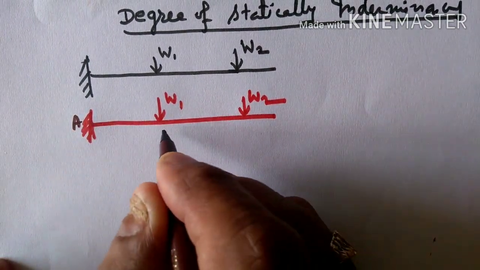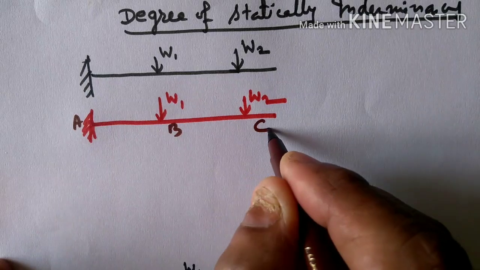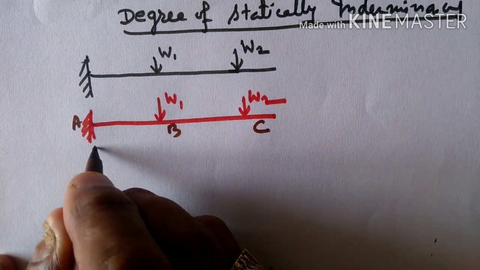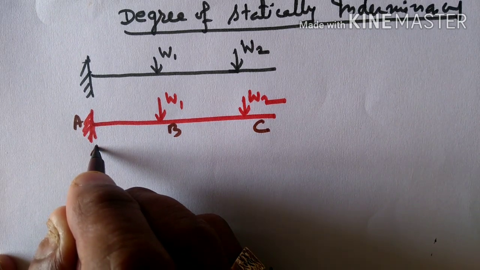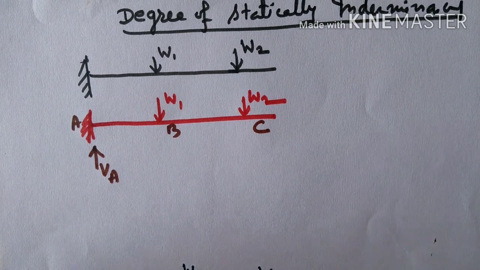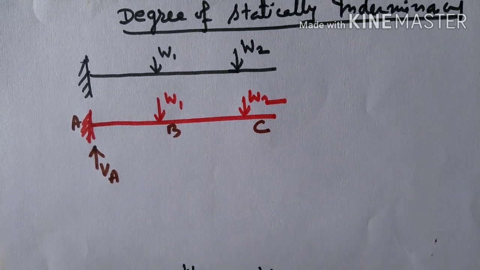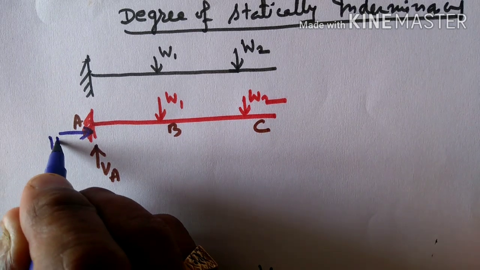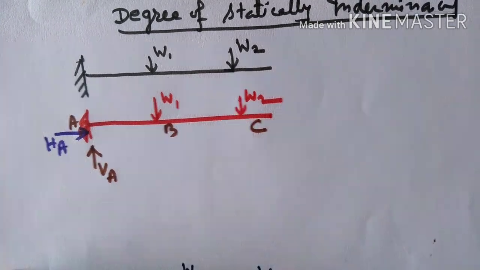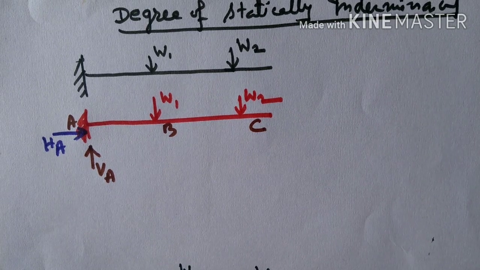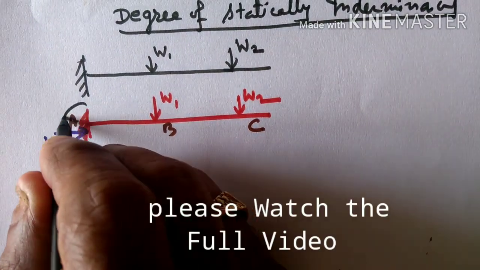So this is A, this is B, and this is C. This is fixed, so here will be 3 numbers of reactions. This is VA, this is horizontal reaction HA, and there will be one moment for this.